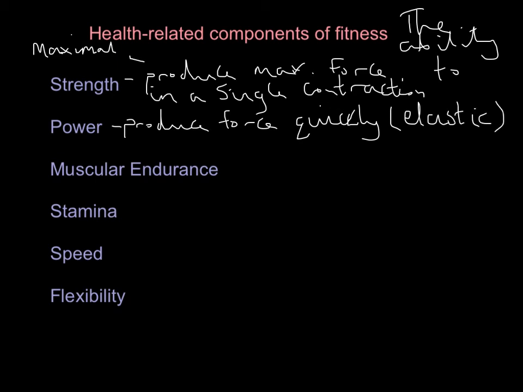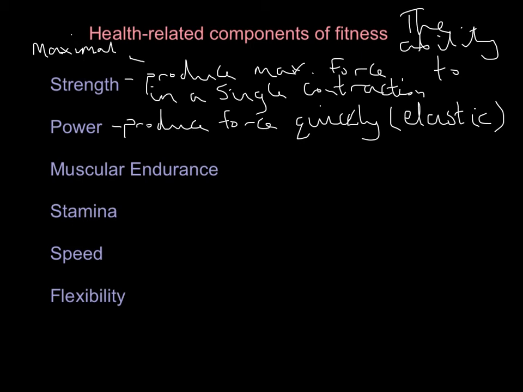Why? Because when you do a powerful movement, the muscles often contract and then lengthen very, very quickly. So it is an elastic movement. The muscle stretches and contracts and stretches and contracts very, very quickly. So we have strength and power, which are different, but they are similar to each other in that strength, traditional strength, is known as maximum strength, producing a maximum force in a single contraction, whereas power is known as elastic strength, and that's producing force quickly.